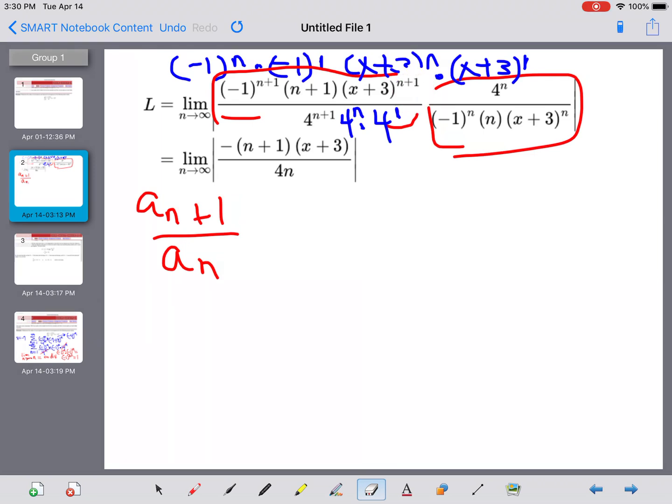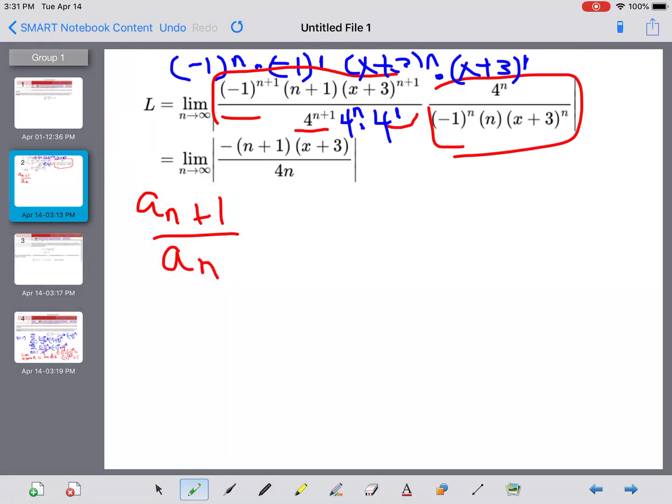But (x plus 3) to the n plus 1 power can be broken down as (x plus 3) to the nth power times (x plus 3) to the first power. And the same thing down here with the 4 raised to the n plus 1. It can be broken down as 4 to the nth power times 4 to the first power. We expand these terms out so we can cancel some common terms.